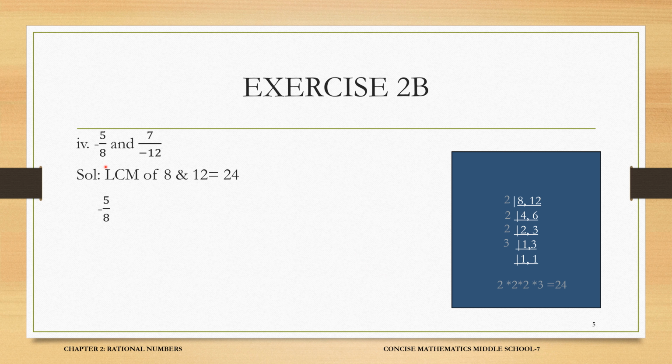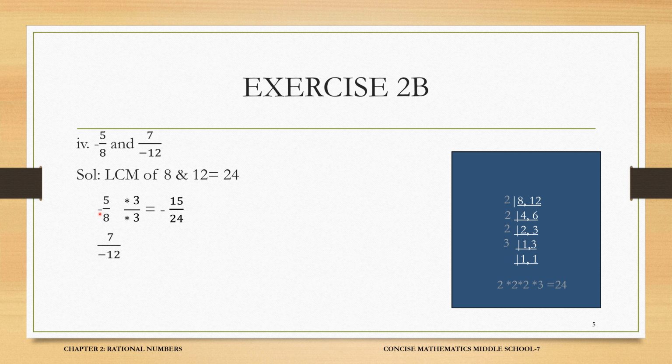Just take the first rational number, that is minus 5 by 8, and you have to make the denominator into 24. To make the denominator 24, this 8 should be multiplied with 3. 8 3s are 24 and minus 5 3s are minus 15, right? If you have a minus over here, you can place this minus even in the numerator.